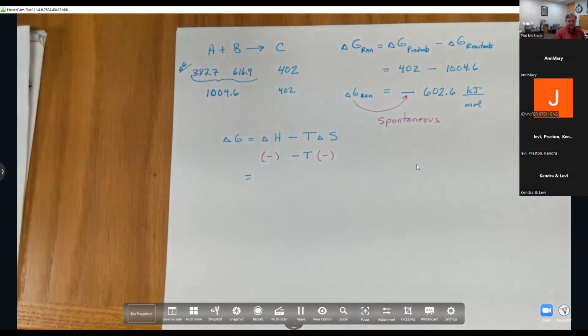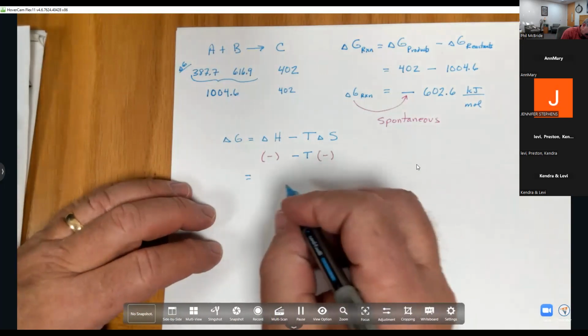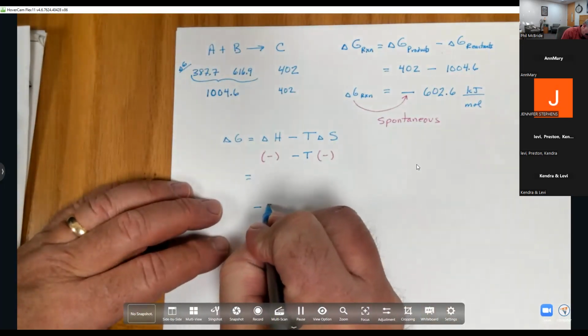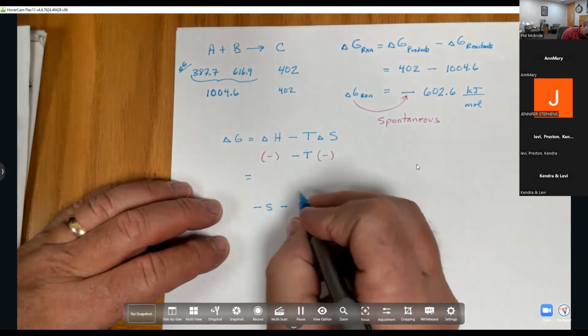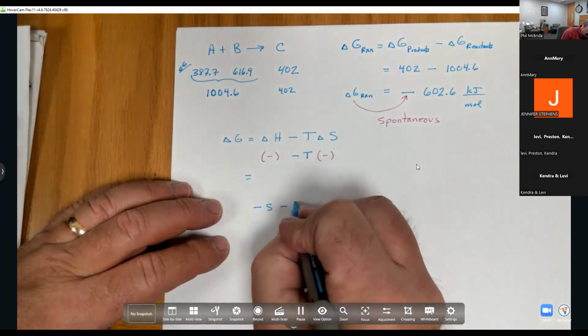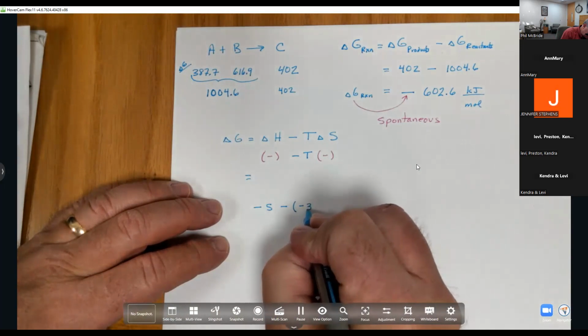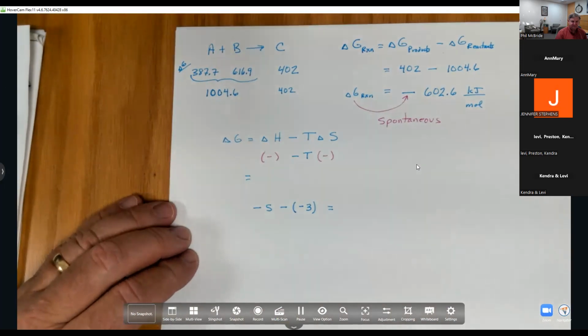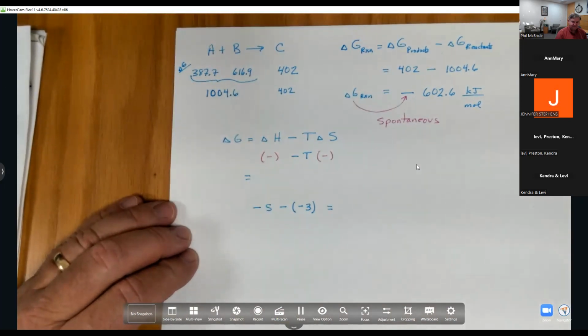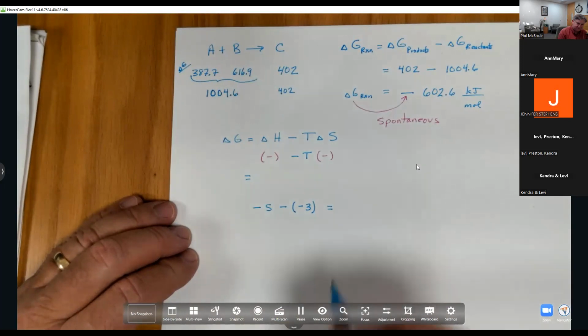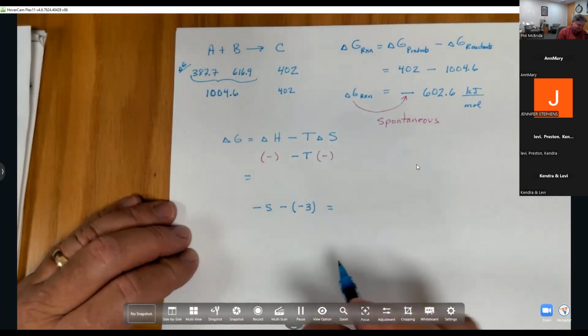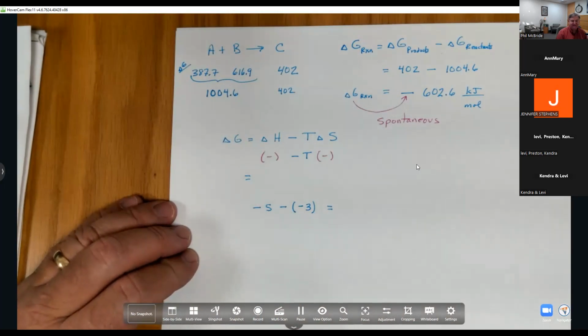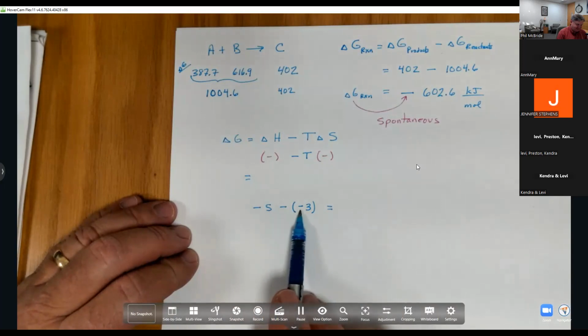Negative. So I could have, for example, negative 5 minus negative 3. What's my answer? It's a negative times a negative, so plus 3. So negative 5 plus 3 is negative 2.